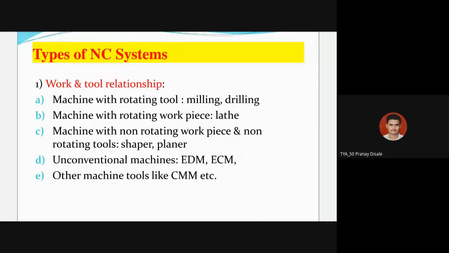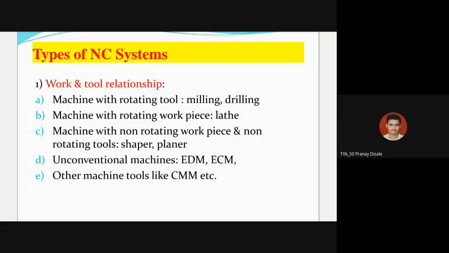We will study this type of NC system in the next chapter. You already studied these machines in MTP, or machine tool process, in the second year. This is the fourth type.